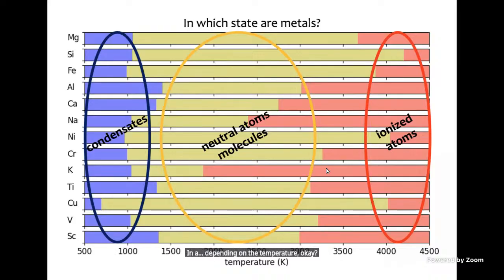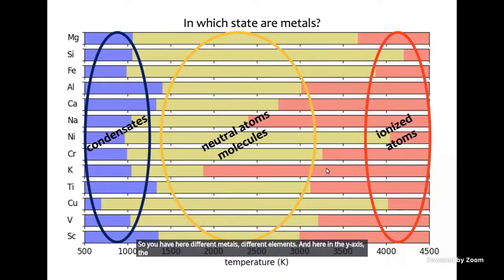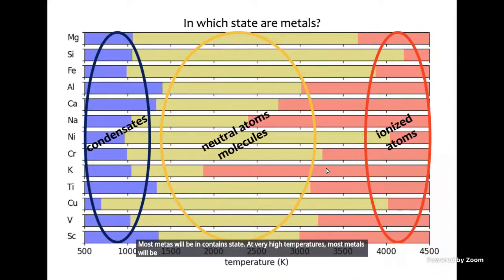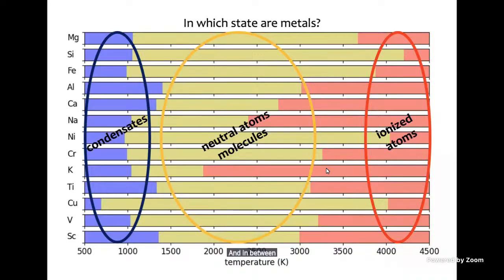You have here different metals, different elements, and here in the y-axis the temperature. Depending on the temperature, at low temperatures most metals will be in condensed state. At very high temperatures, most metals will be ionized atoms. And in between, we may find neutral atoms and molecules.